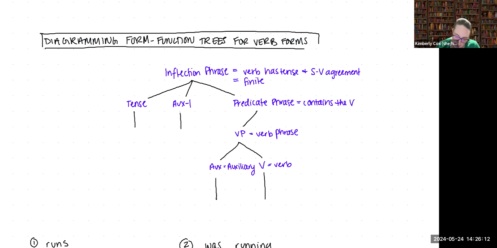In terms of tense, you can have present or past tense. In terms of the auxiliary verb, we have two main ones in English. There are others, but I'm just going to write the common ones here. Have and be.